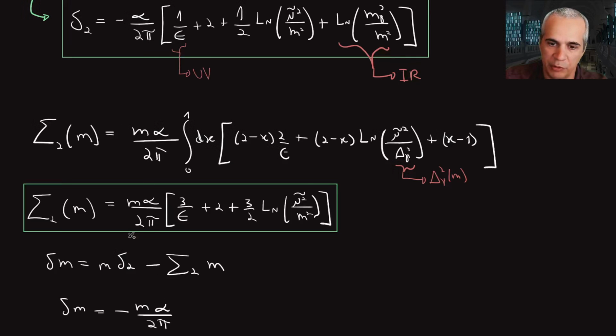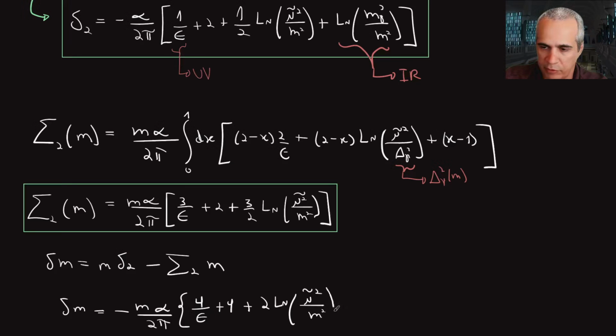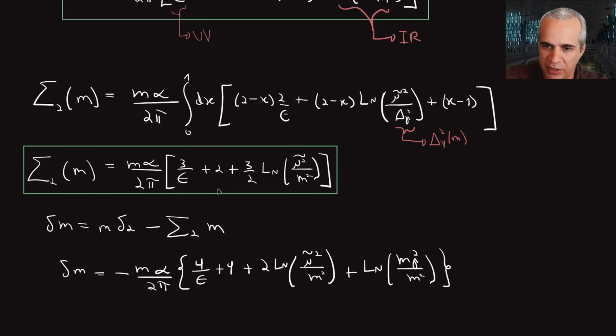Remember, delta 2 will be multiplied by m. And then I just have to add everything else. Is 4 over epsilon plus 4 plus 2 log of mu square over m square plus the log of m gamma square m square. So you see that's another counter term, and it contains both UV and infrared divergences right here.